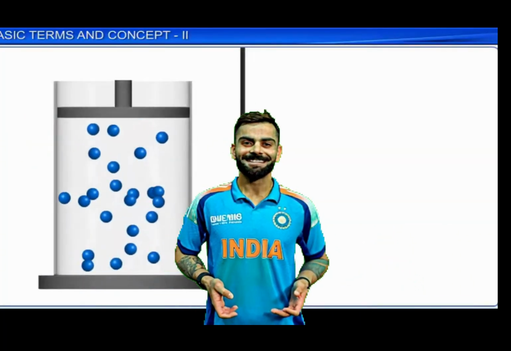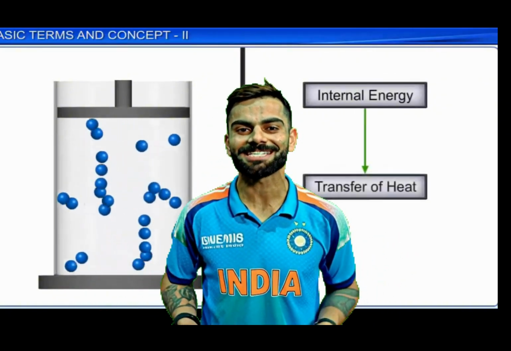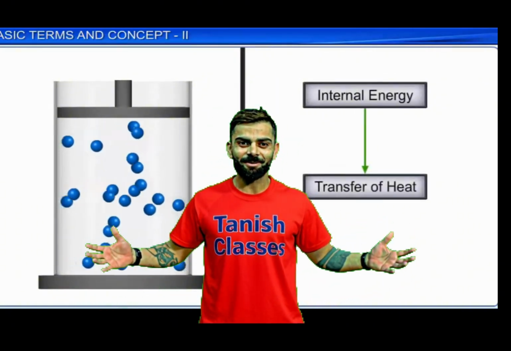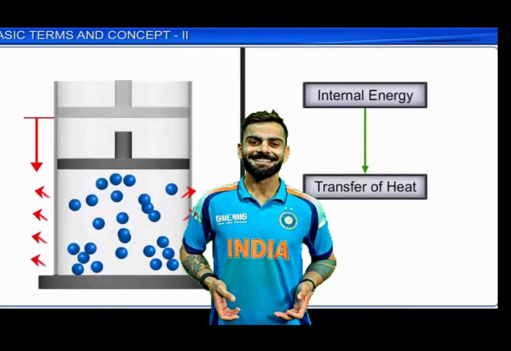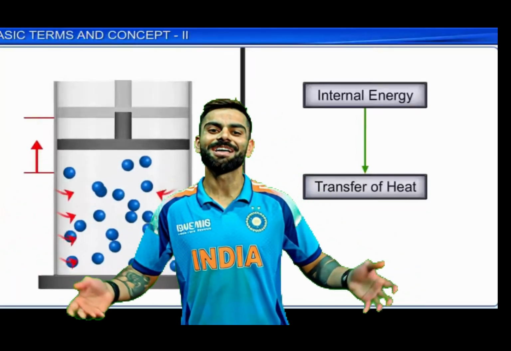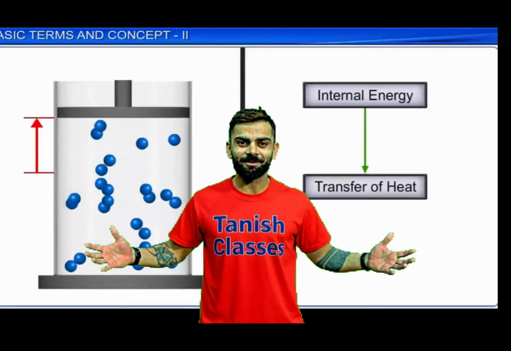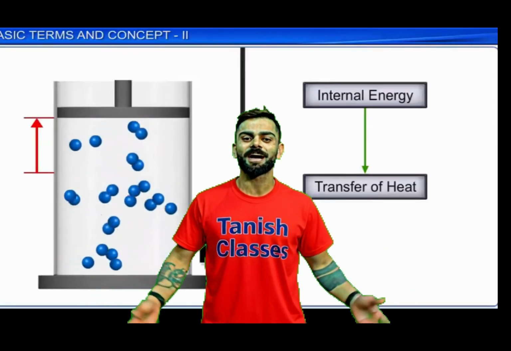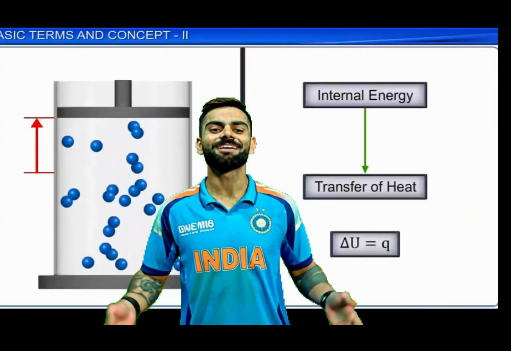A change in internal energy can also be brought out by the transfer of heat. Heat transfer takes place from the system to the surroundings, or vice versa. The exchange of energy due to temperature difference is called heat Q. Therefore, delta U is equal to Q.